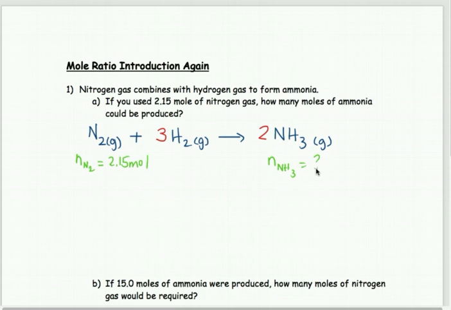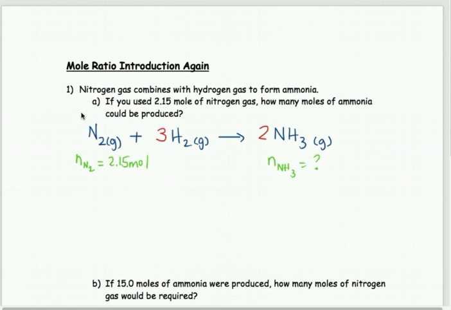Okay, so this is the one we have to find. Again, we're going to make this comparison from how much nitrogen we have to how much ammonia we can make, and we can make this comparison if we're in moles. Okay, so we're in moles, so we're good.